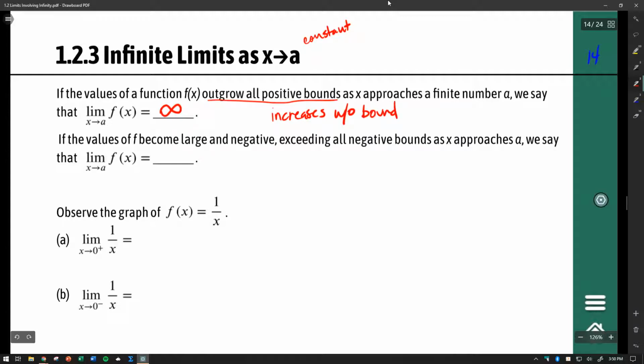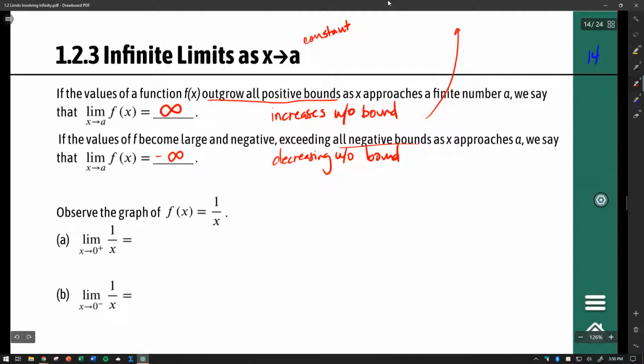I've heard that one before as well. So it's increasing without bound. And if the values of f become large and negative, exceeding all negative bounds as x approaches a, we say that the limit as x approaches a of f of x is negative infinity. And again, that would be decreasing without bound.